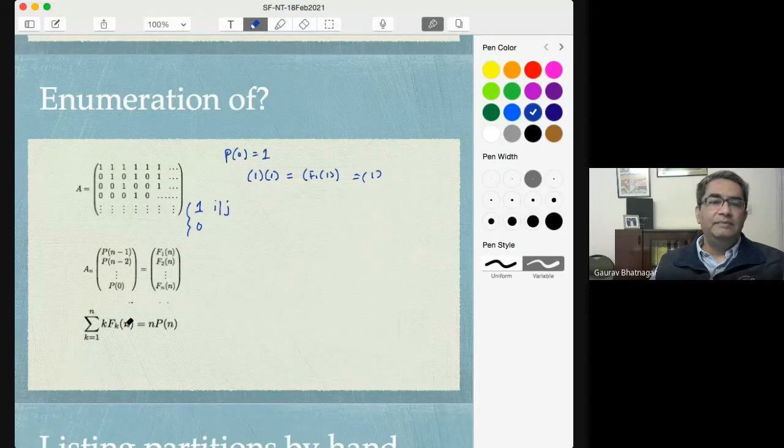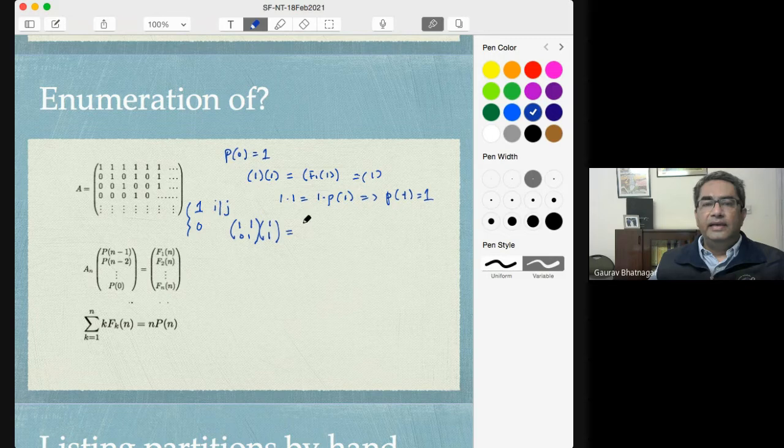So the sum of k times f_{k,n}, so it's just 1 times f_{1,1} is 1 times p1. So this gives me p1 is equal to 1. Then the next one, I have p0 as 1, p1 is 1 from here. And now the matrix that I'm looking at is this one. And again, I multiply.